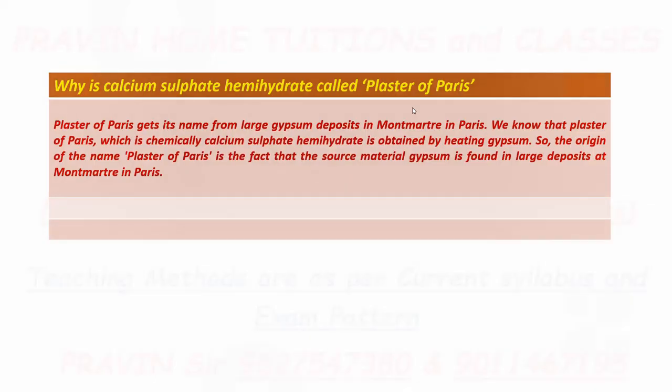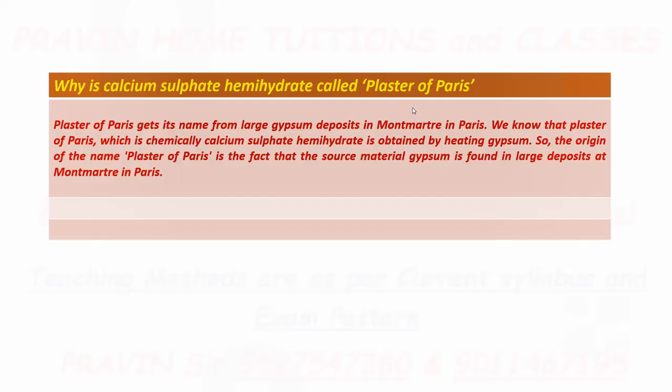Now, why is calcium sulfate hemihydrate called plaster of Paris? Plaster of Paris gets its name from the large gypsum deposits in Montmartre in Paris. We know that plaster of Paris, which is chemically calcium sulfate hemihydrate, is obtained by heating gypsum.